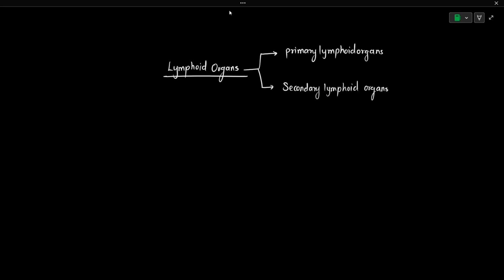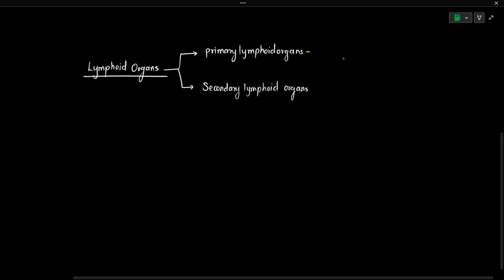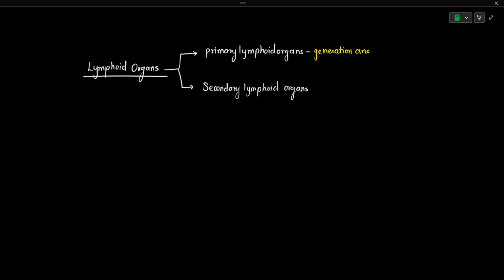Primary lymphoid organs are the organs which participate in the generation and maturation of immune cells. So immunocompetent cells will be generated here. This results in generation and maturation of immunocompetent cells.